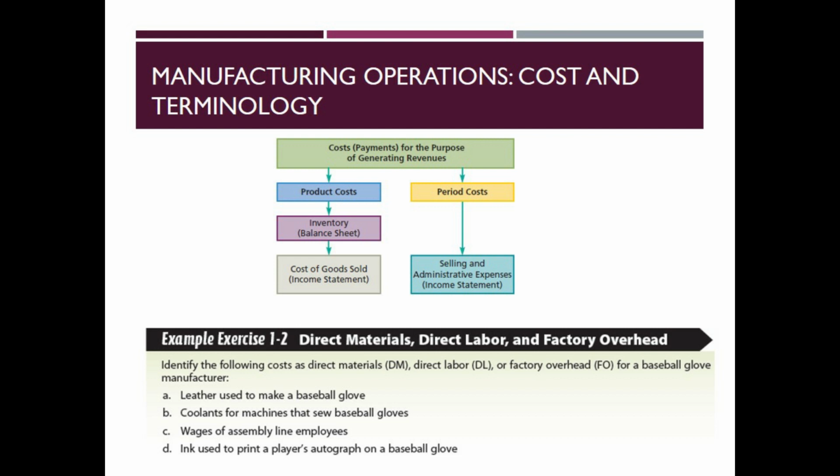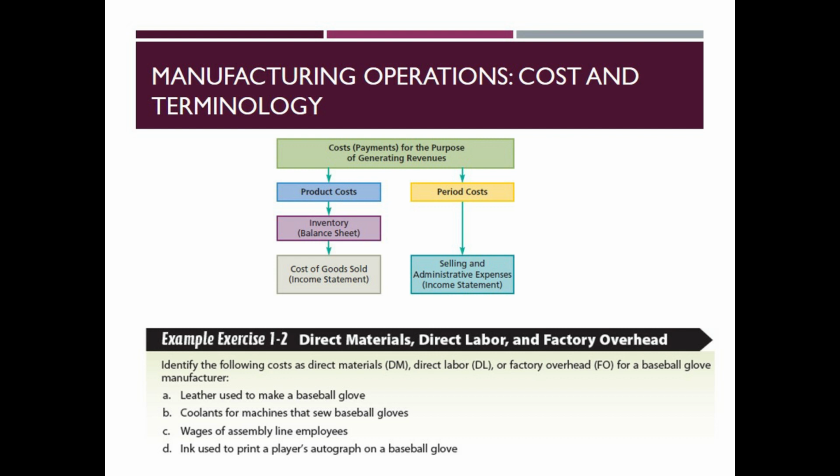So for this, if we refer this to the example previously given, a leather used to make a baseball glove. So this is considered as a product cost since this is a direct material. Cost of endorsement from a professional baseball player. So this is a period cost.